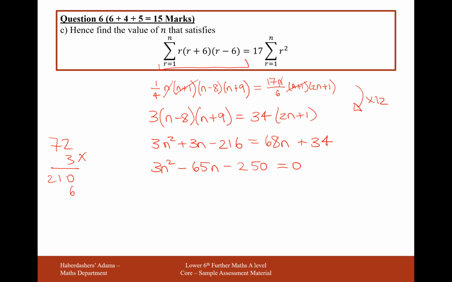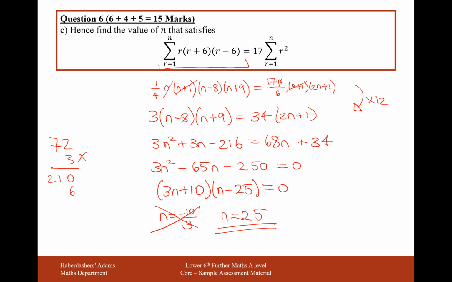We can factorize it to 3n plus 10, n minus 25. So therefore either n is equal to minus 10 over 3, or probably not because n has to be a positive integer, or n equals 25. So that there is the only positive value that we have for our n here, so that is the answer to part C, n equals 25.